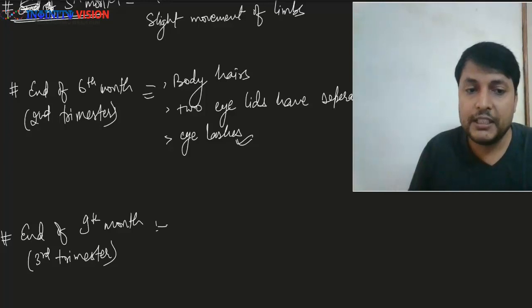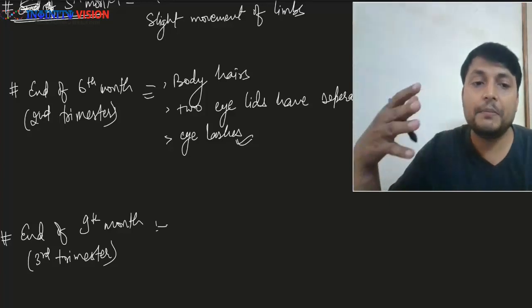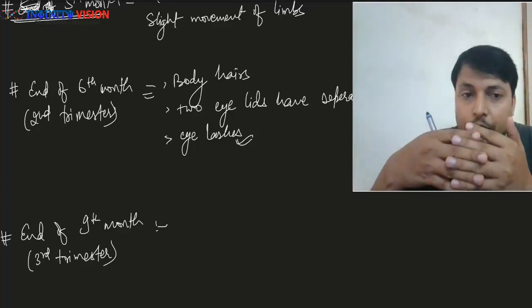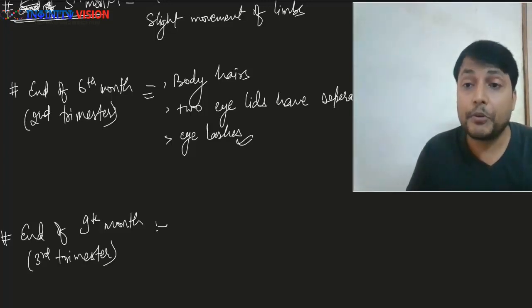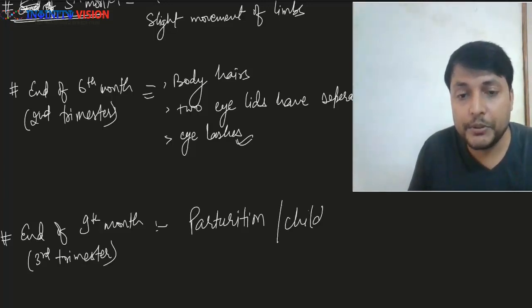By the end of the 9th month the fetus itself, the placenta and the female body act in synergy with each other to initiate the process of parturition, that is childbirth.